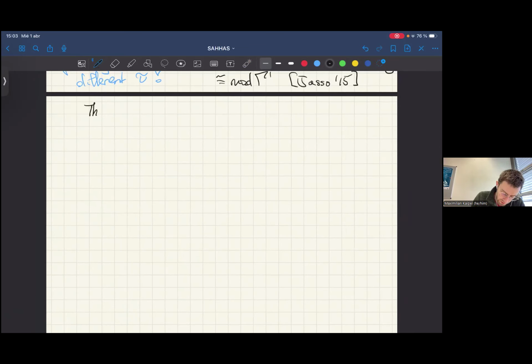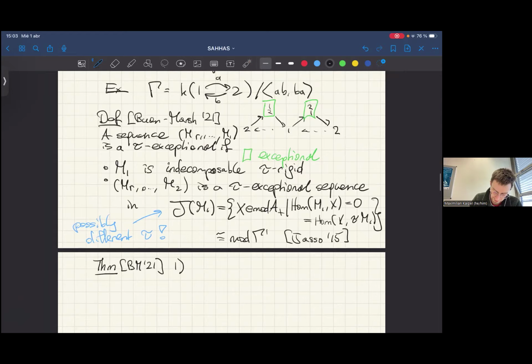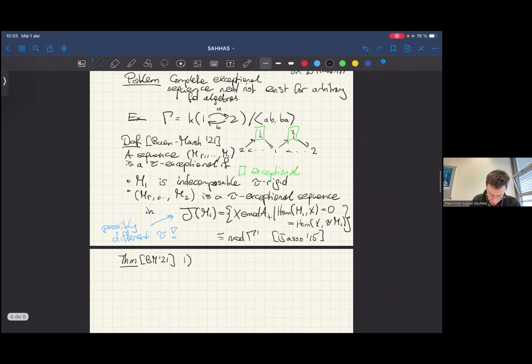Buan and Marsh showed in the same paper where they introduced this that, firstly, and this is the motivation for introducing them, complete tau exceptional sequences exist for all finite dimensional algebras.